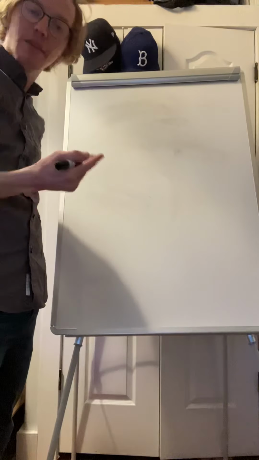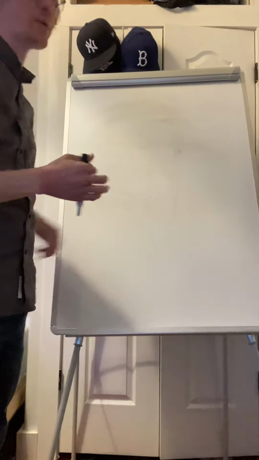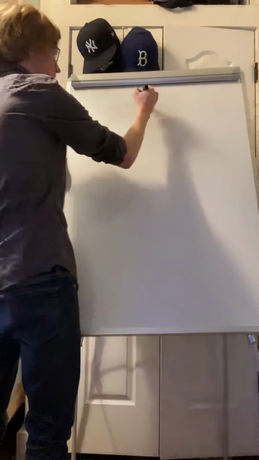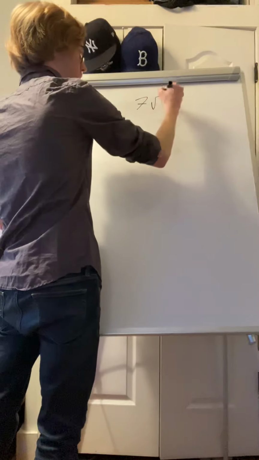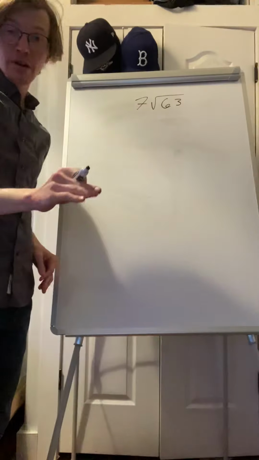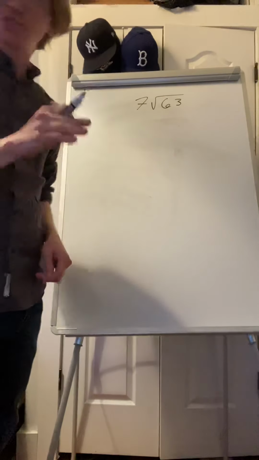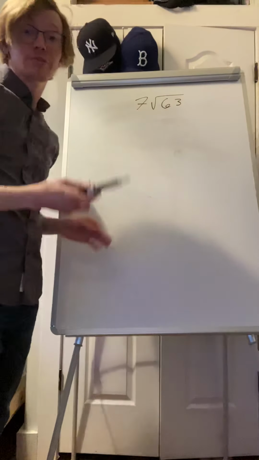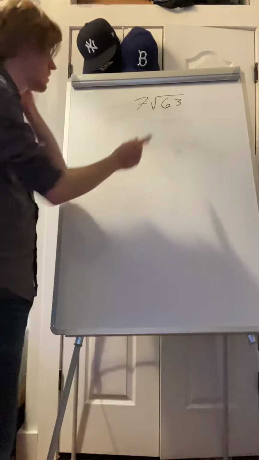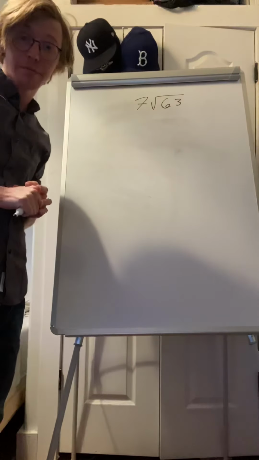Let's see. I'm trying to think of one off the top of my head. What if we did 7 square roots of 63? Okay, pause the video. Try and do this one on your own before I do it. 7 times the square root of 63.